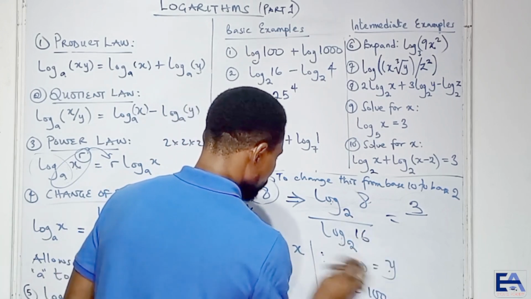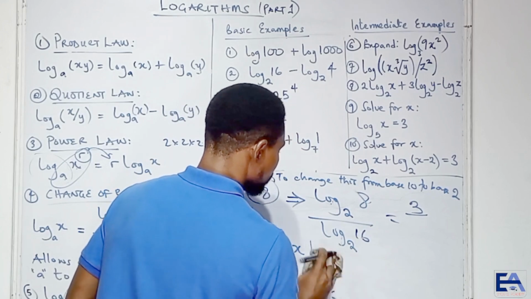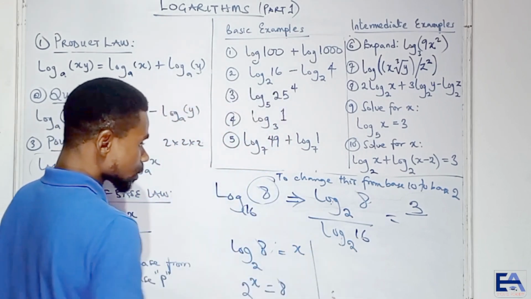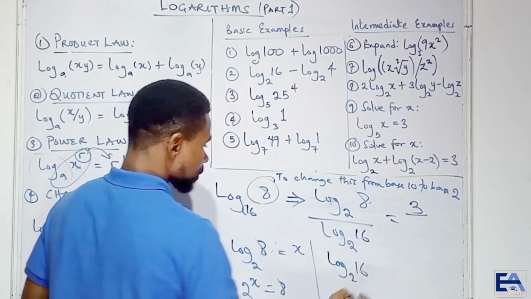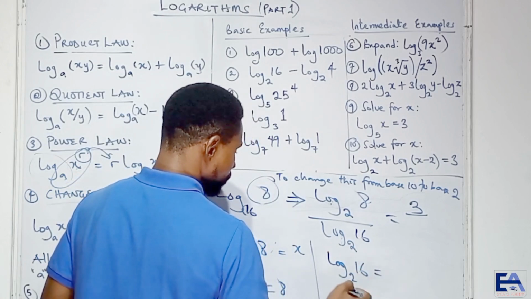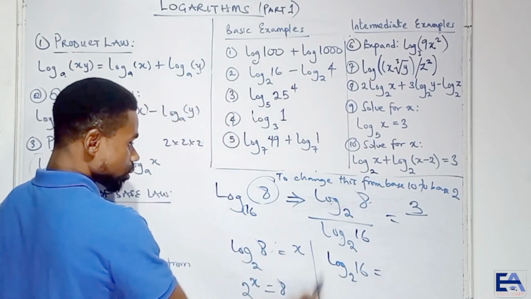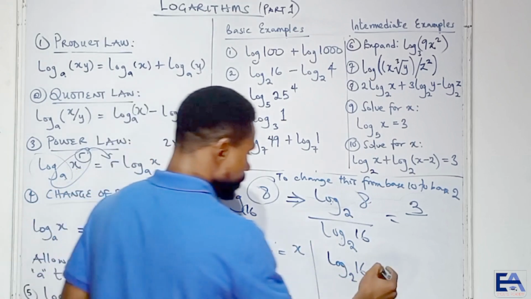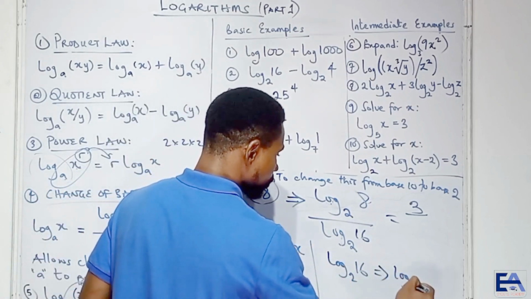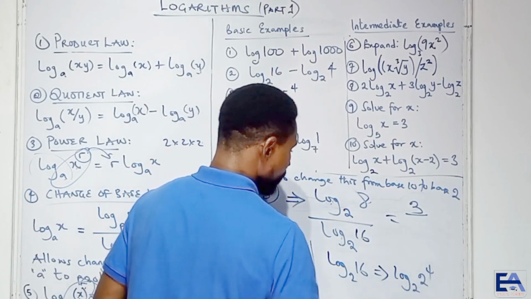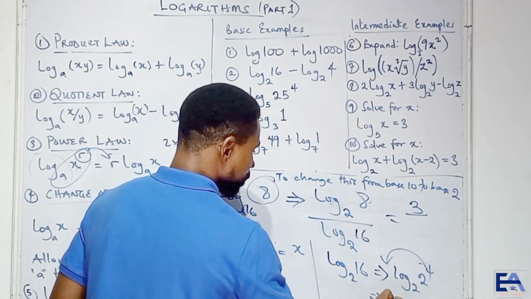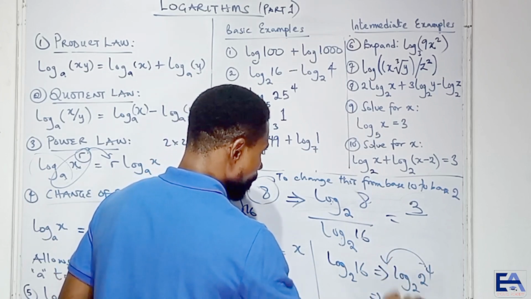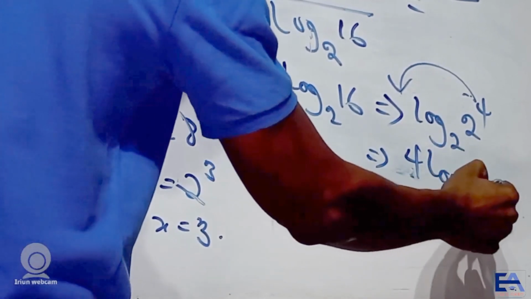So if that be the case, to solve for the denominator, we have log 16 to base 2. If I want to use the power method, it still goes. So we have log of 2 raised to power 4, because 16 is 2 raised to power 4. Then this power, we multiply the logarithm to give us 4 log 2, 2.